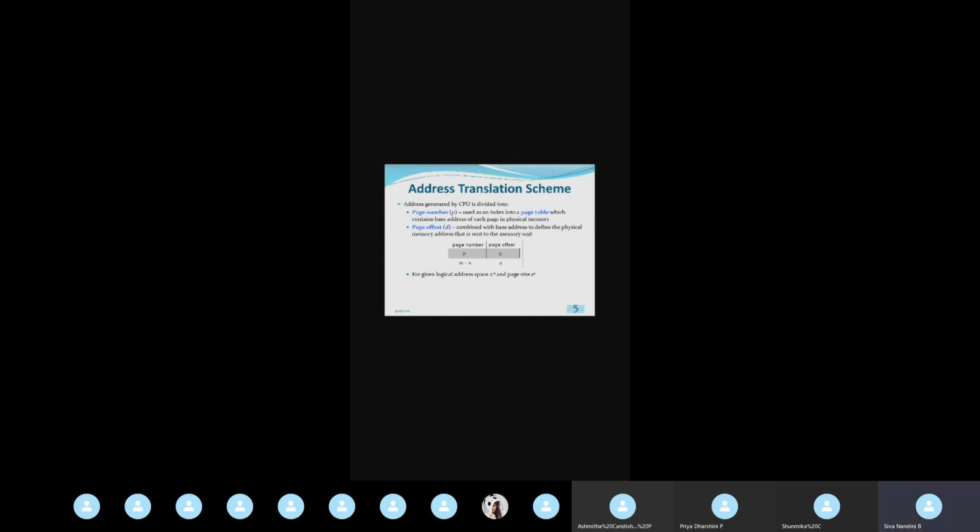Here in this paging concept, I will explain with an example. See in this slide number 7, on the right side we are having a physical memory. In that physical memory, we are having several sections.